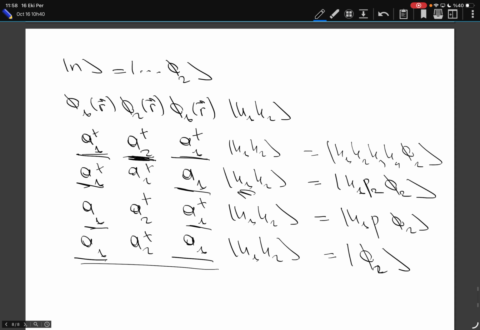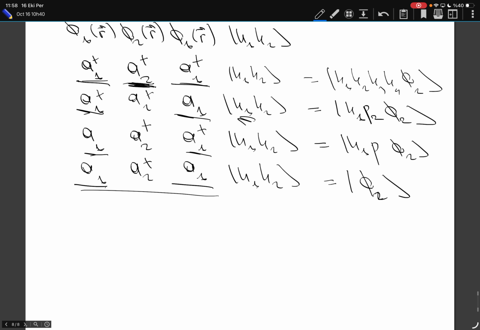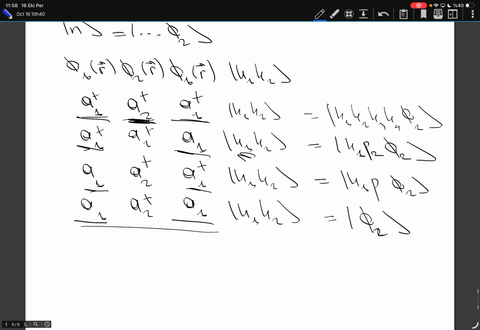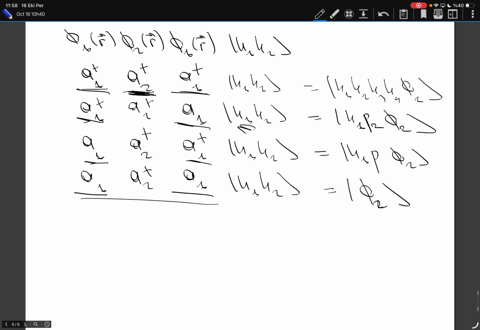What's the physical interpretation between the first two states? One of them K1, K2, K3, K4. The other one K1, P2. When we quantize it, now let's look at what these mean. You see, I have my particles coming with momentum K1 and K2. This is my initial state. And then there's some interaction.